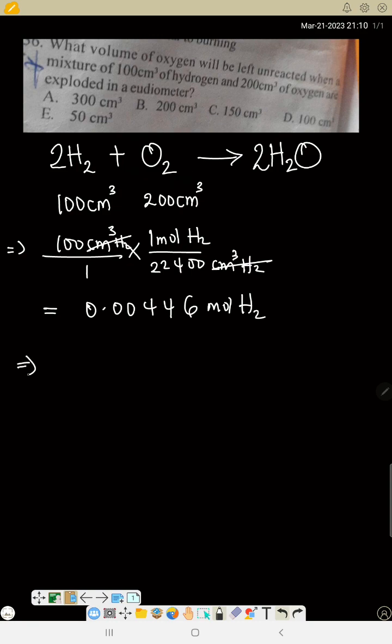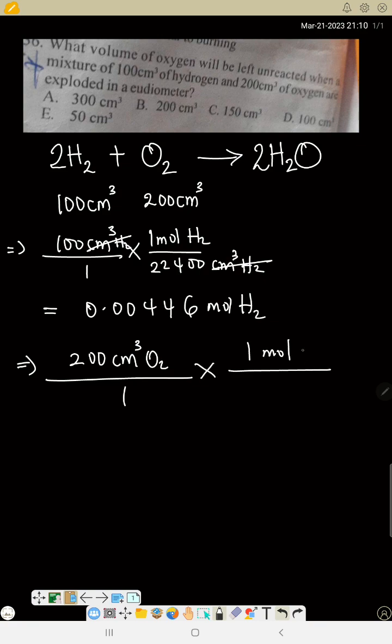So now what of oxygen? So I have 200 cm³ of oxygen gas over 1 times. So 1 mole of oxygen gas will be 22400 cm³ of oxygen gas. So this will go.